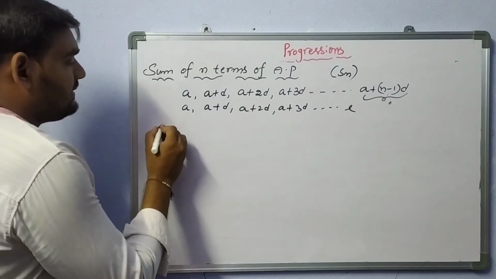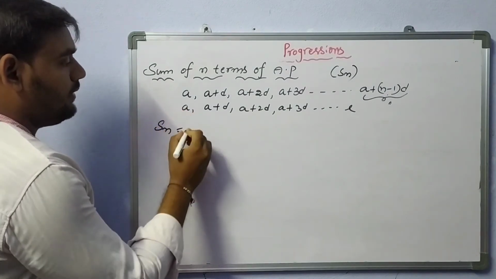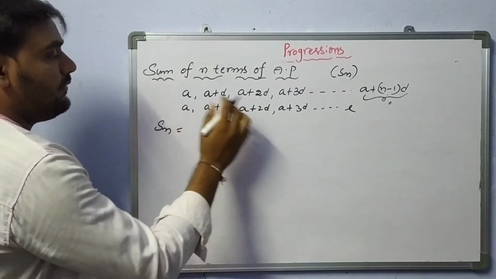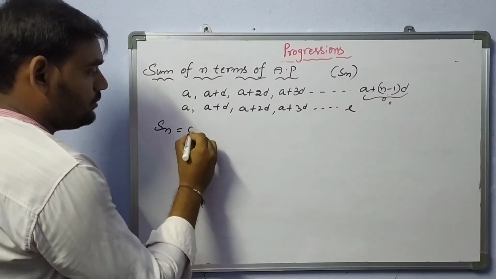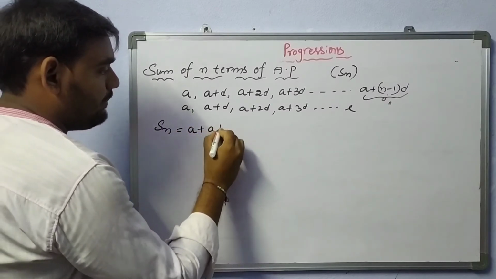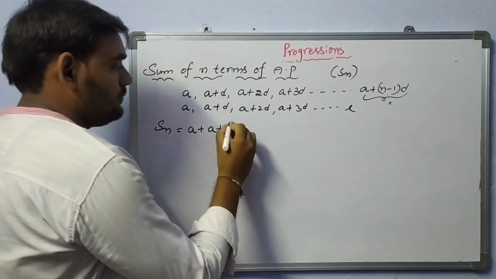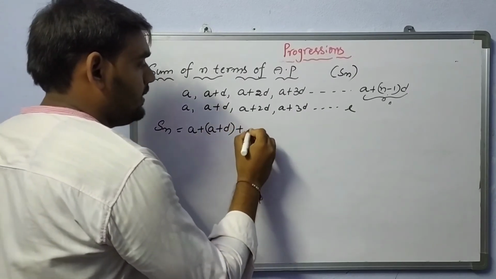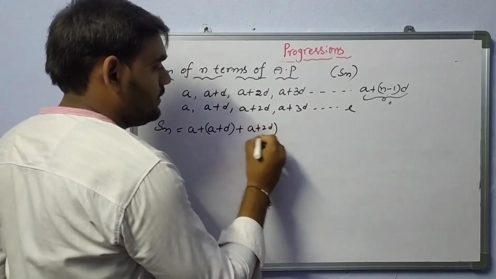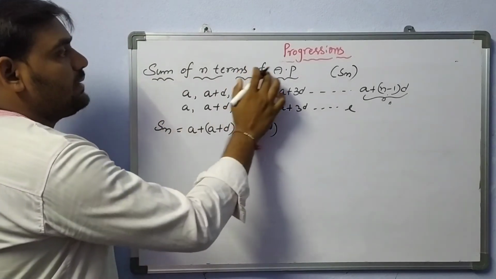So here Sn is nothing but the sum of the terms of AP. Sn is equal to a plus d plus a plus 2d, sum of n terms of AP.